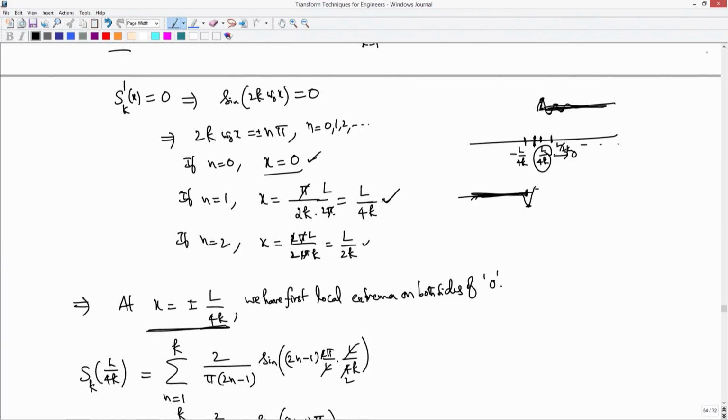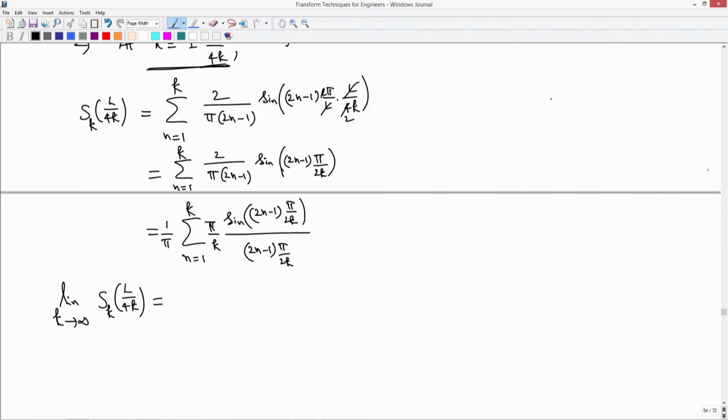We are now trying to calculate the value of the function here. We will see exactly the value, whether it is going to be half or something else.